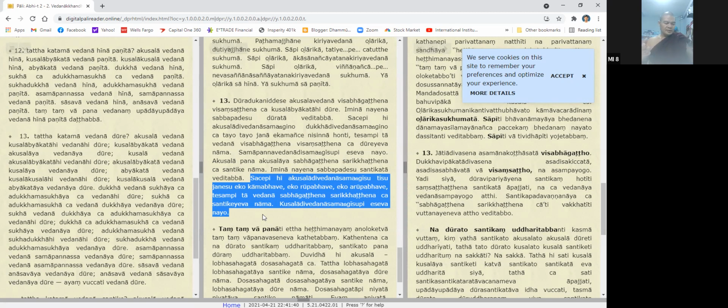So the akusala vedana, even though they are very far from each other, even if they live in different bhumi, different planes, their vedana is near, we can say, because of the jati. For example, in niraya we have only akusala vedana, akusala vedana in niraya, akusala vedana in the human world.